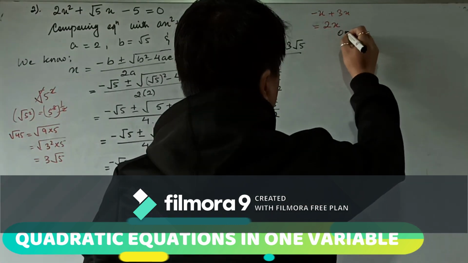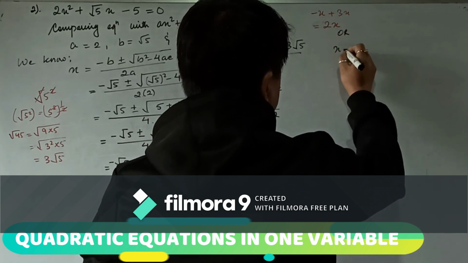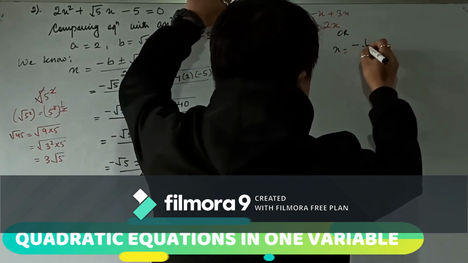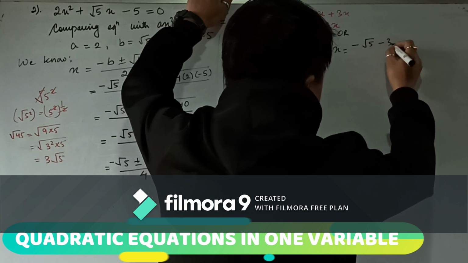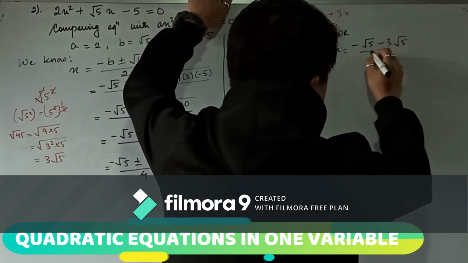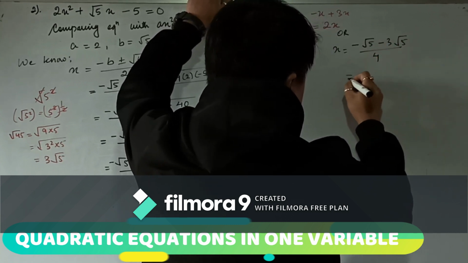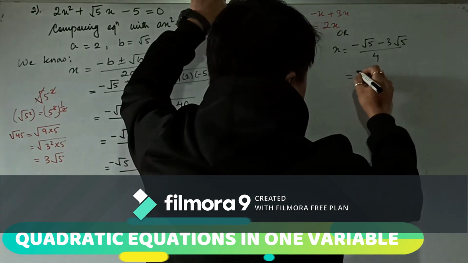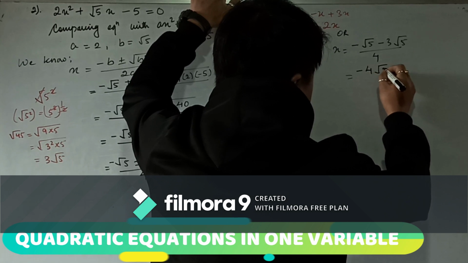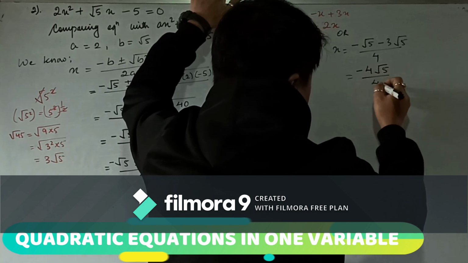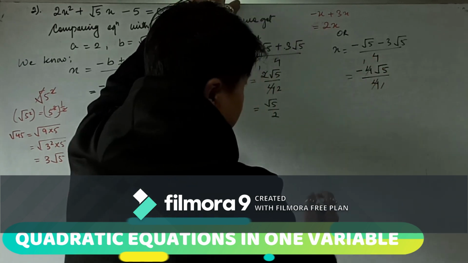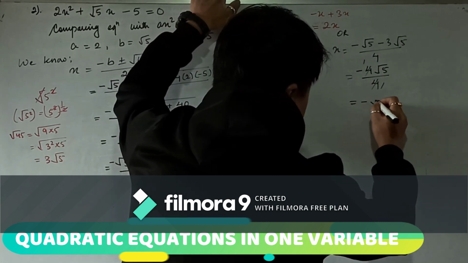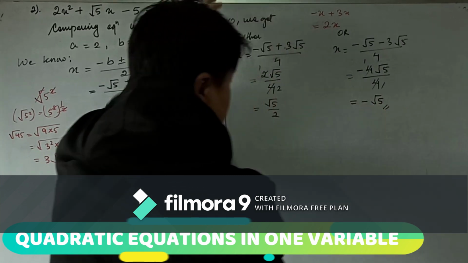Okay, or x is equals to now minus root under 5 minus 3 root under 5 whole divided by 4, which can be written as both are minus, so that means minus 3 minus 1 will be a minus 4 root under 5 whole divided by 4. This 4 1 are 4, 4 1 are 4 will get cancelled. This will become minus root under 5. These are the two values.